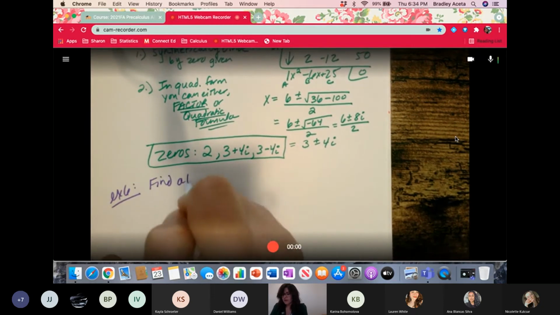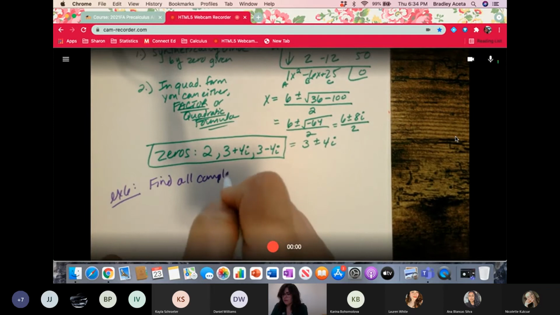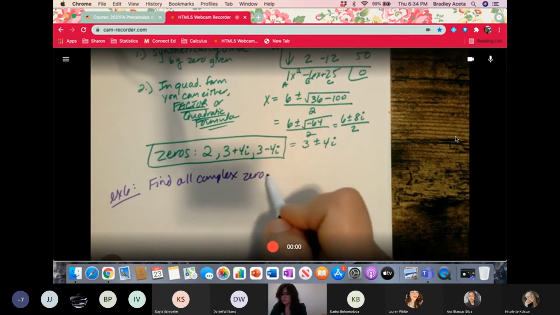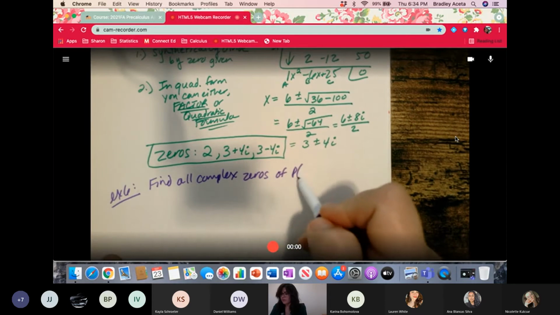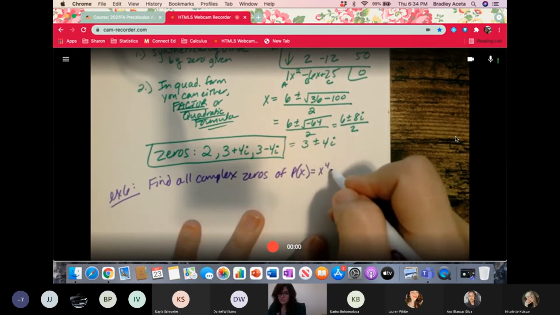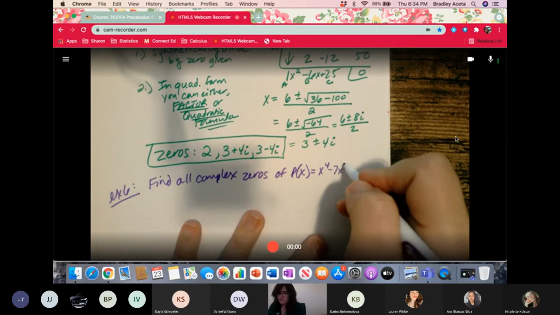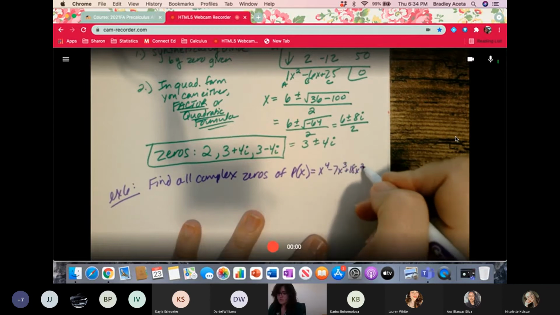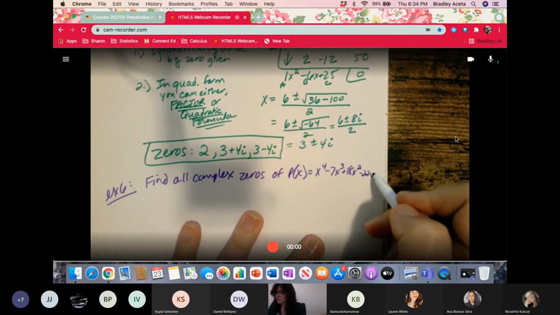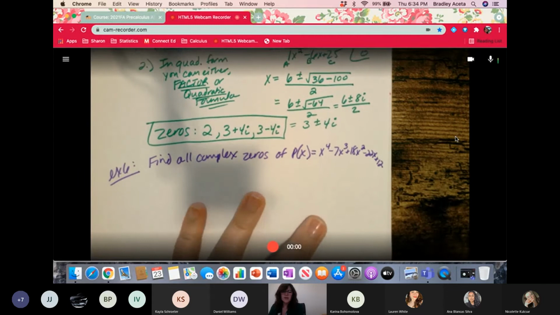And it says find all the complex zeros of p of x equals x to the fourth minus 7x cubed plus 18x squared. Ooh, I'm running out. Minus 22x plus 12. Hopefully you can read that. If you need me to read it again to you, I will.